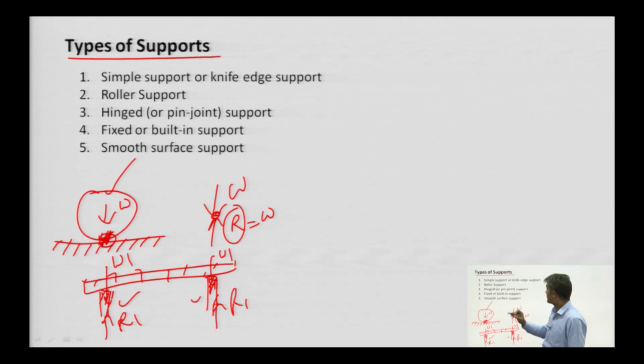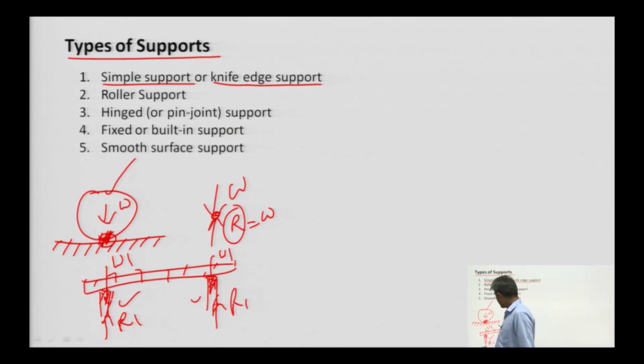Now, the next point is what are the different types of support. First is a simple support or knife edge support. This can be this one case. Here this horizontal bar is actually a knife.